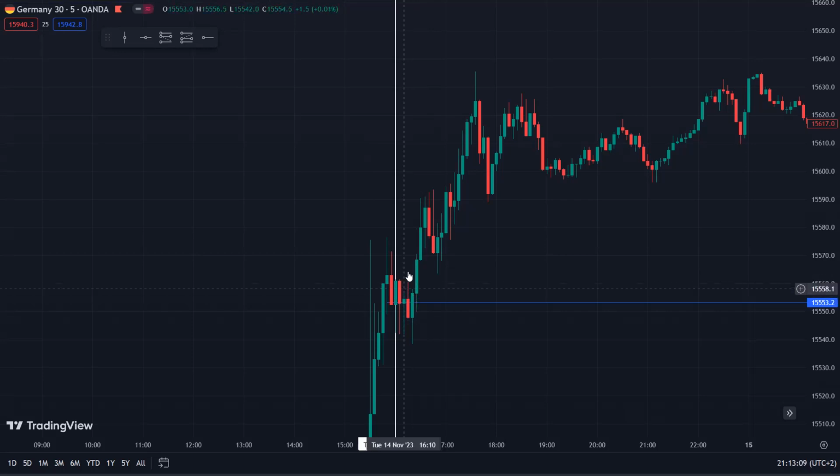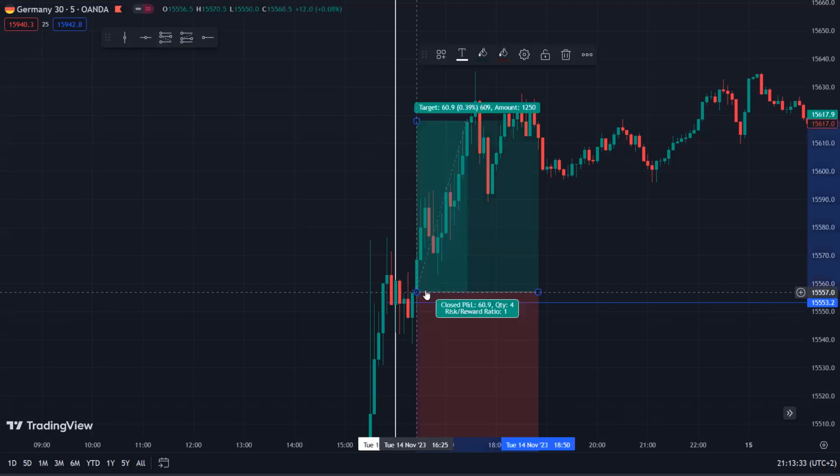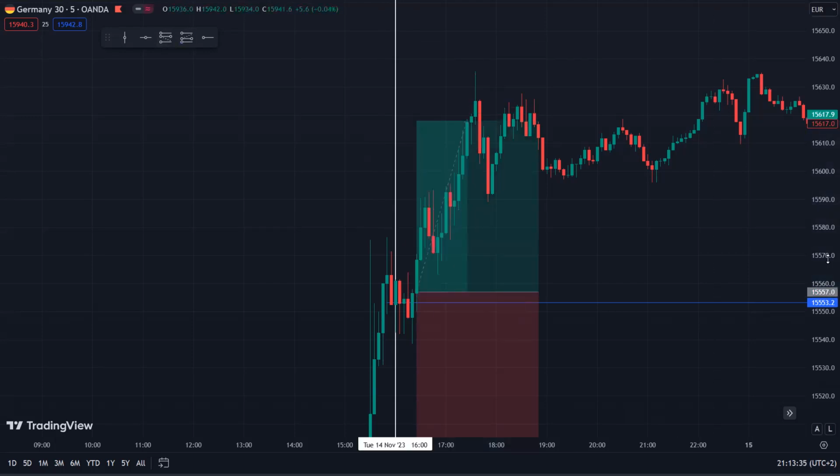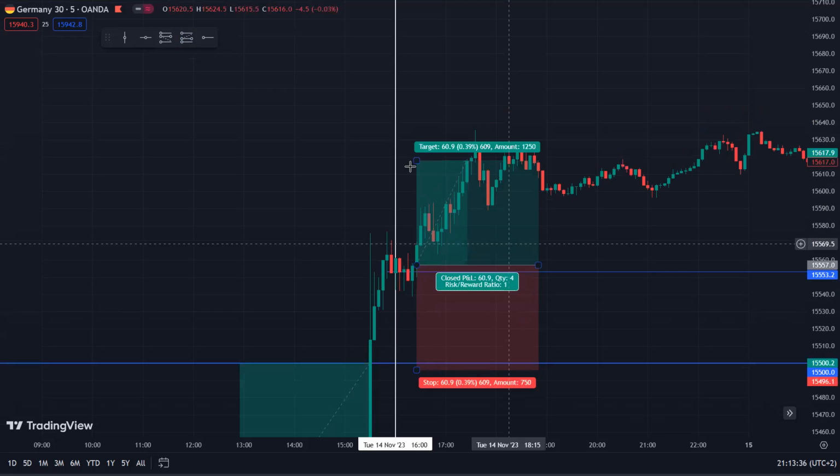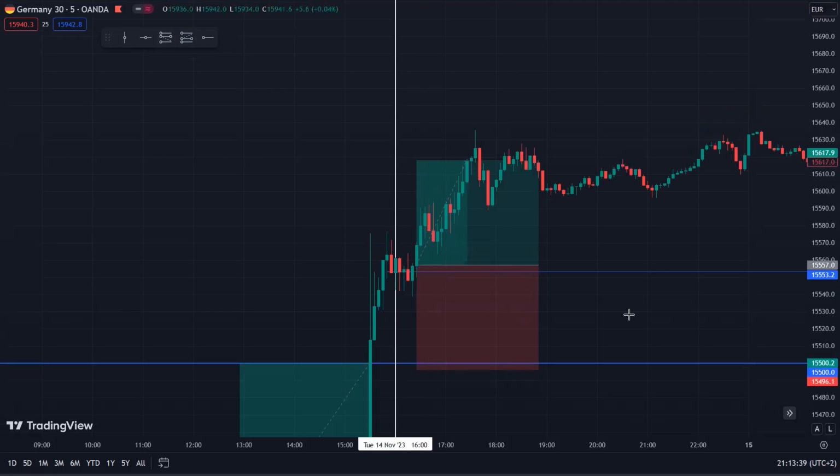So we're going to enter because it can continue moving to the upside, but it decided to play around and drop first before it made this candle, which is the candle that gives us our confirmation. That confirmation is the reason to enter this trade. Okay, that was our entry.